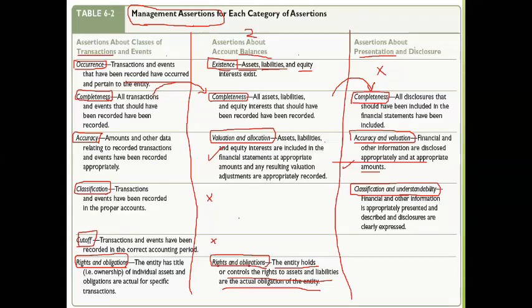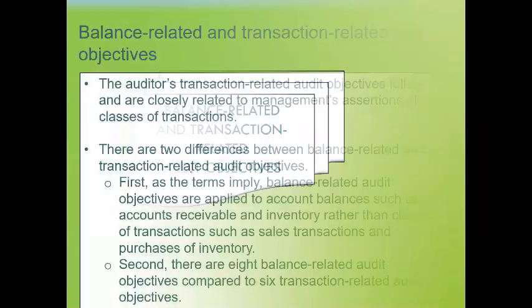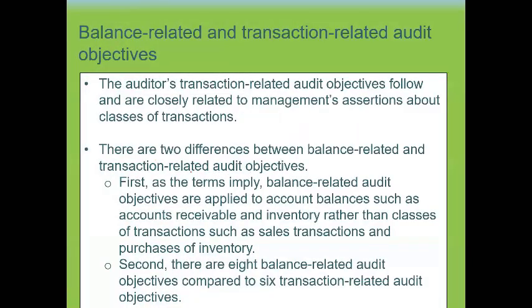Let's move to the transaction, balance, and presentation related audit objective. طيب احنا we looked to the management assertion from the management point of view. But let's go for the auditor point of view or the auditor perspective.